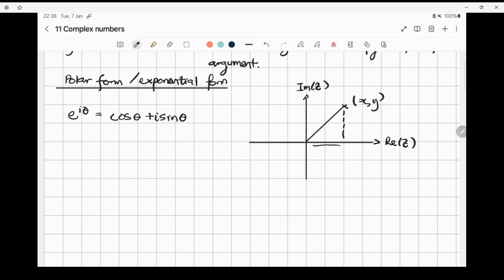We know that here is x, here is y, and this is theta.